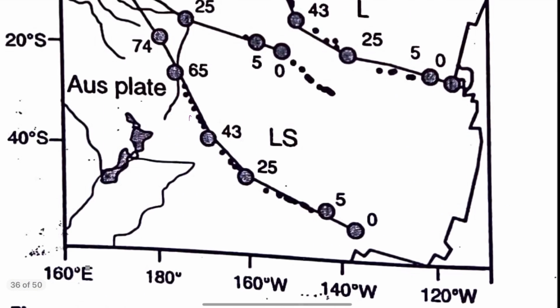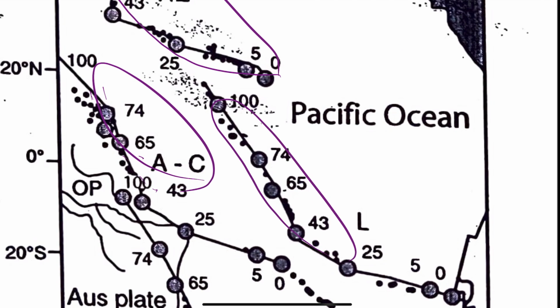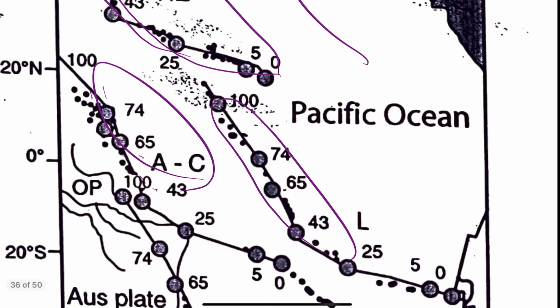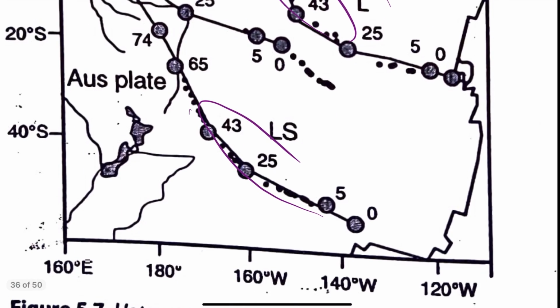So these are the number of volcanic chains, and their orientation shows that the movement of the ocean plate has taken place along this direction. The orientation, the parallelism shows that the oceanic plate has moved along this direction.